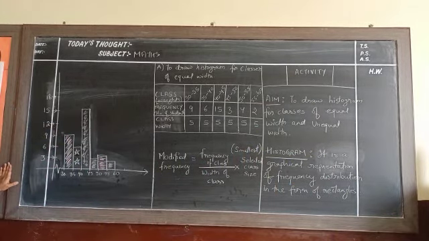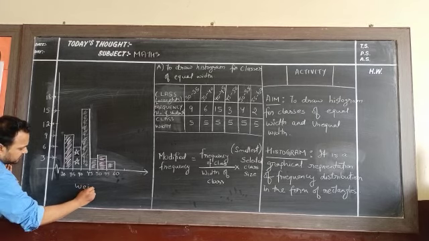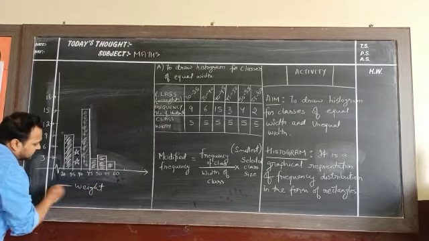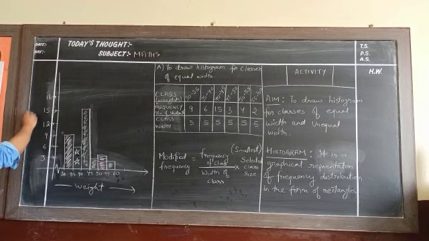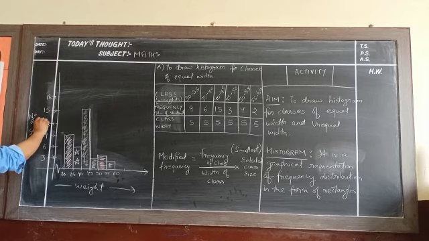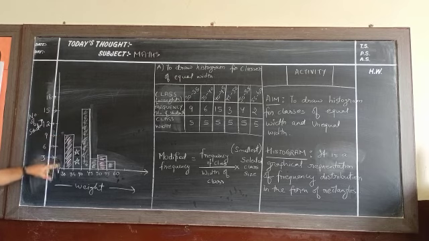The x-axis shows us the weight of the students, and the y-axis shows us number of students. So there are 9 students whose weight lies between 30 to 35. I have made the graph till 9.